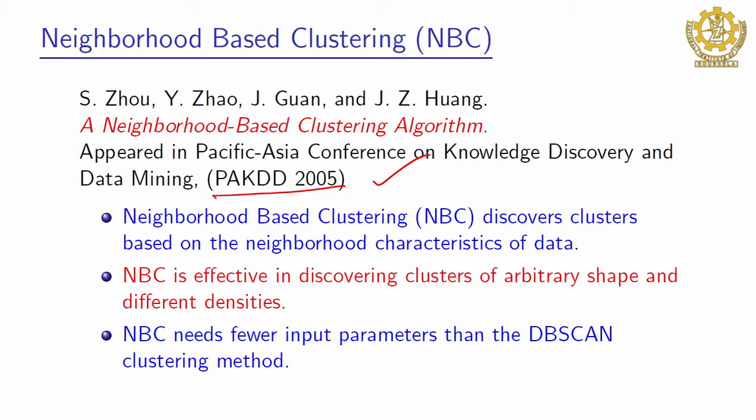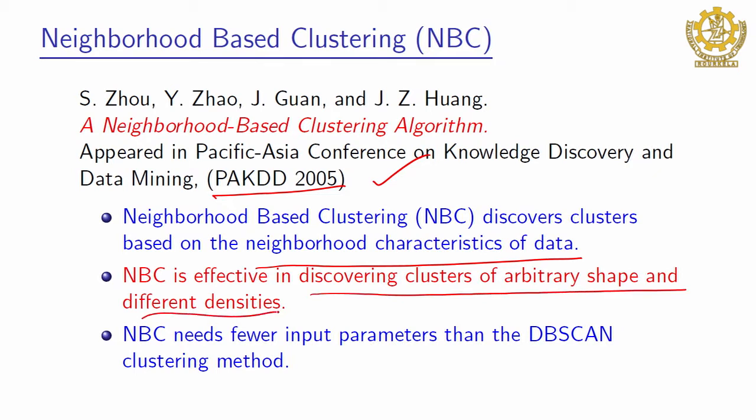Neighborhood based clustering discovers clusters based on the neighborhood characteristics of the data. NBC is effective in discovering clusters of arbitrary shape and different densities. NBC needs fewer input parameters than DB-scan. DB-scan needs 2 parameters, epsilon and minimum point, while NBC needs only 1 parameter instead of 2.